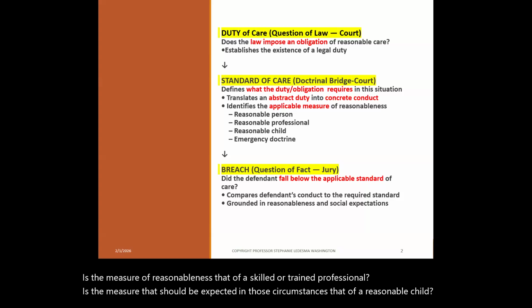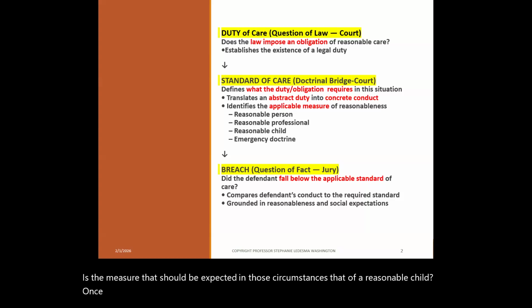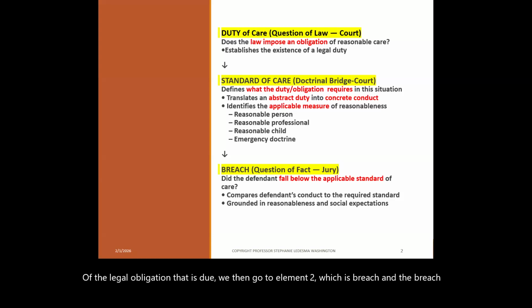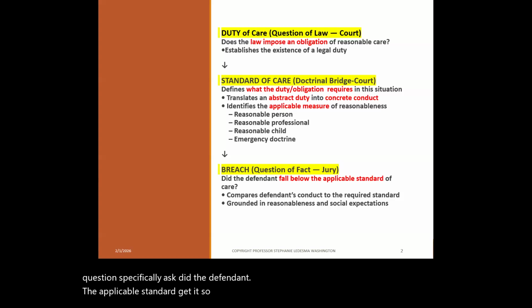Once we've established the measure of the legal obligation that is due, we then go to element 2, which is breach. And the breach question specifically asks, did the defendant fall below the applicable standard? Get it? So it's a 1, 2, 3 punch.